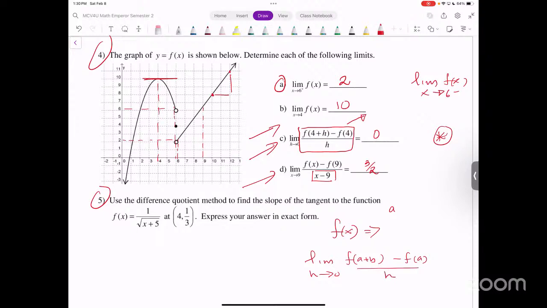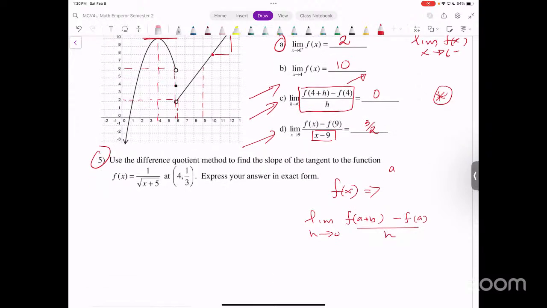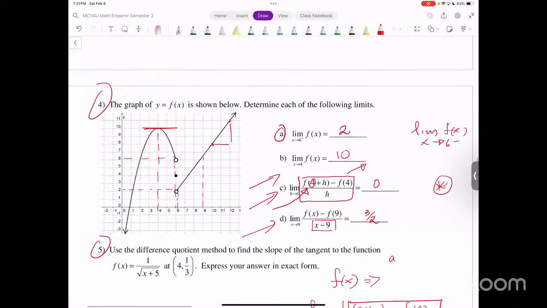This is finding the instantaneous rate of change at point A. So here it finds the instantaneous rate of change at point 4, and we find that the slope is a horizontal line. Therefore, the slope must be 0.